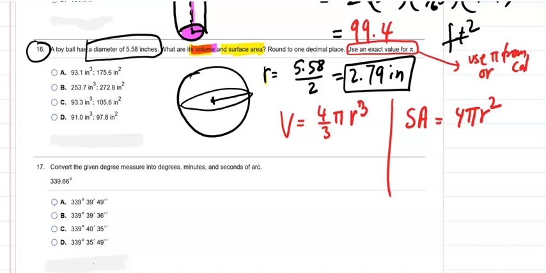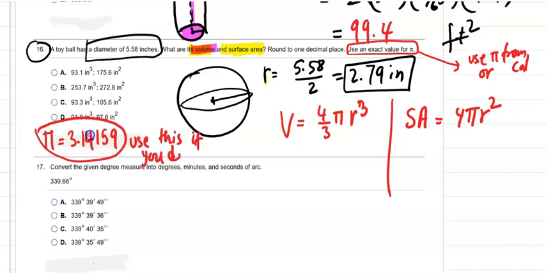I suggest that if you don't have pi in your calculator, use pi as 3.14159, up to 5 decimals. If you have pi in your calculator, you can use it directly, or you can use those numbers. Okay, so that's what I want to tell you.